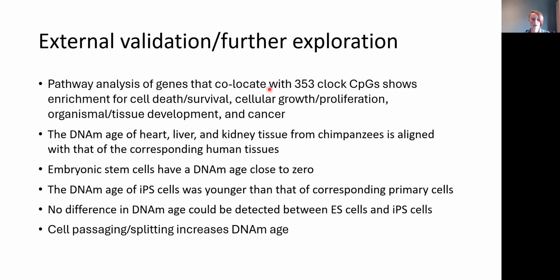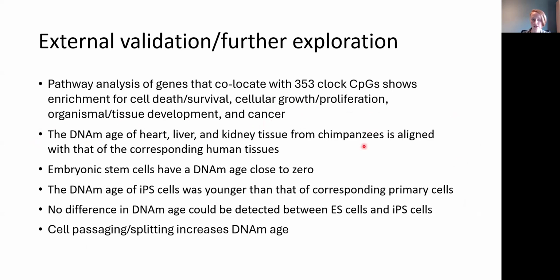So they did pathway analysis of the genes that co-located with the clock CPGs and found enrichment for cell death, survival, cell growth and proliferation, and development, also cancer. If you're familiar with the paper, you'll know they did a whole load of stuff with cancer data sets too, which I've completely ignored for simplicity, but they did also look in more depth at that as well.